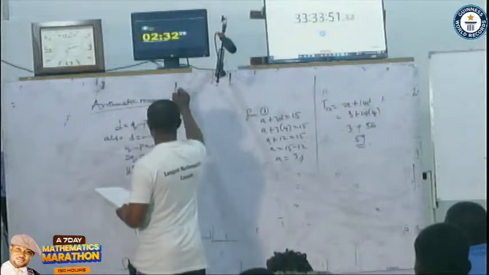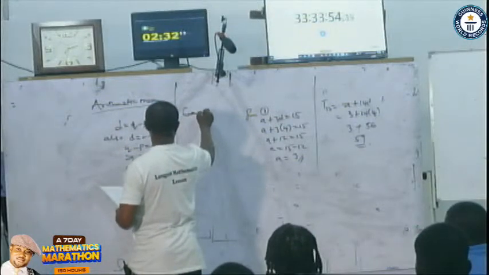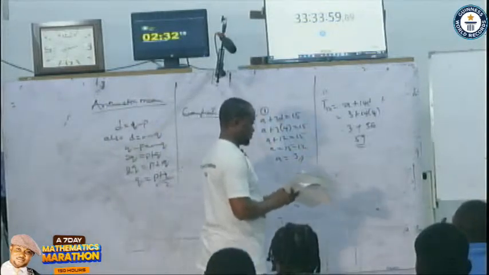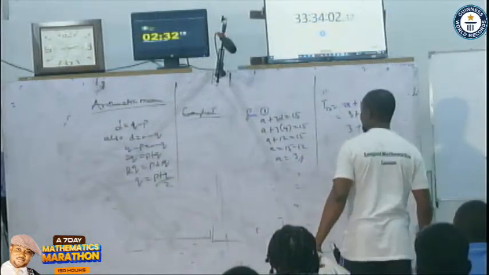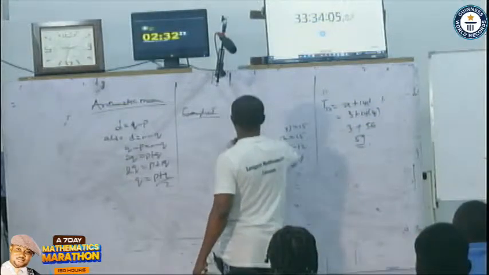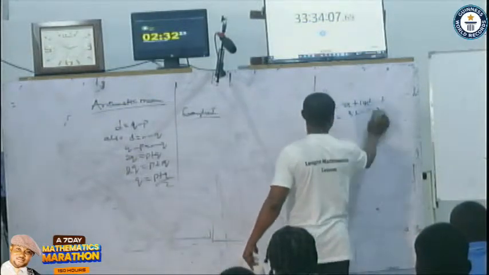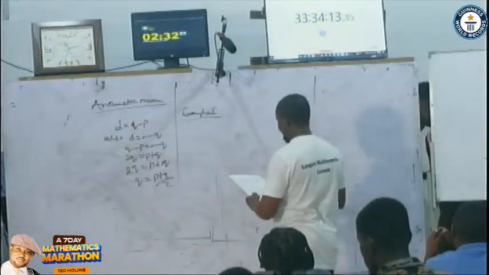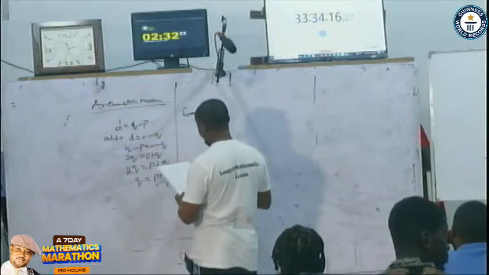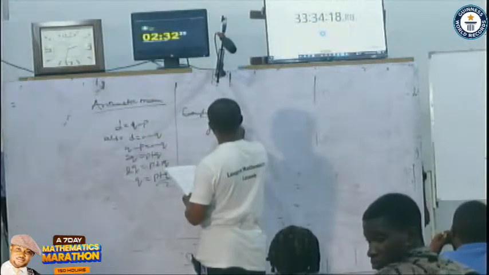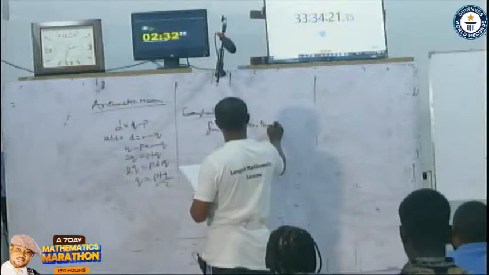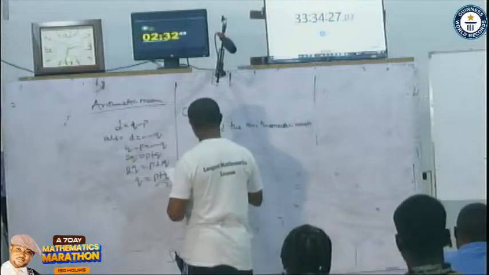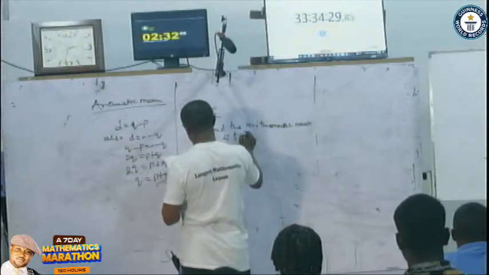So let's see how you can do example 1. Example 1 says, find the arithmetic mean of 4 and 18.